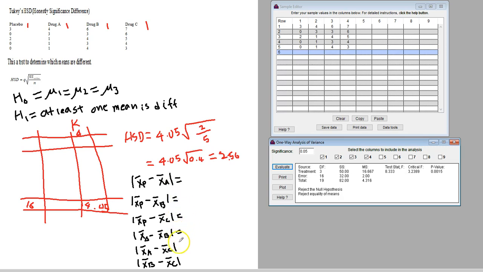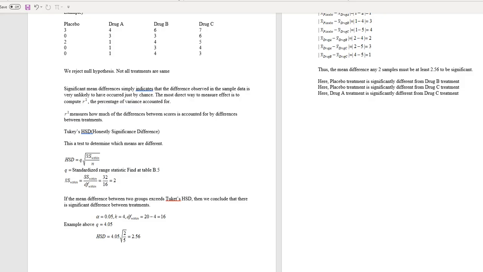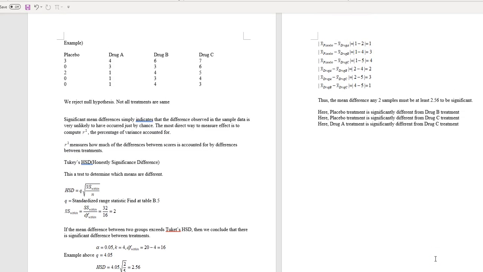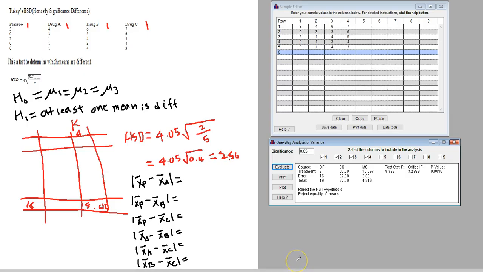I already found the mean for each sample. Let me go back. I don't have that here. This is just the one-way ANOVA output. So now I'm going to go back and find out what that was. The placebo was a mean of 1. I'm just going to write that over here.